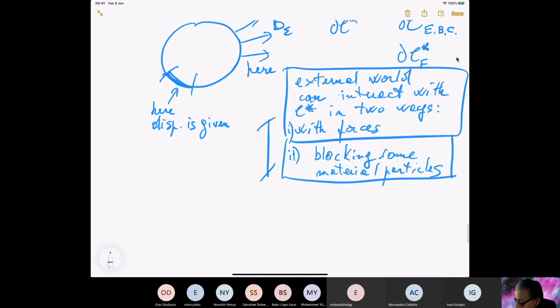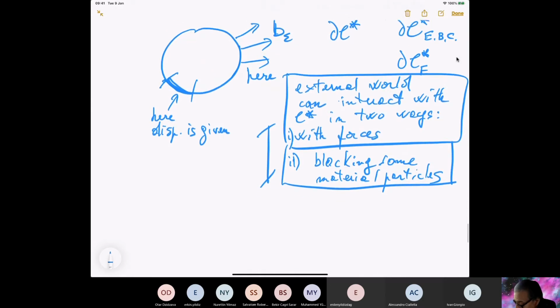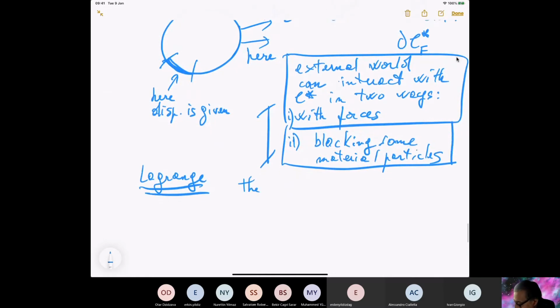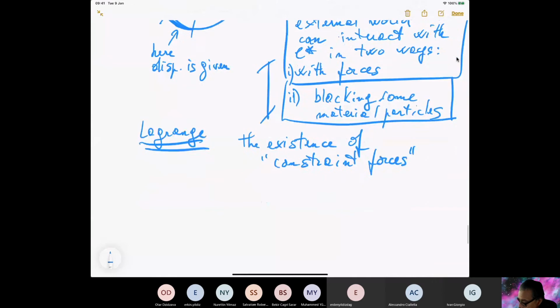Now, Lagrange could prove the existence of constraint forces. Remark, no uniqueness.